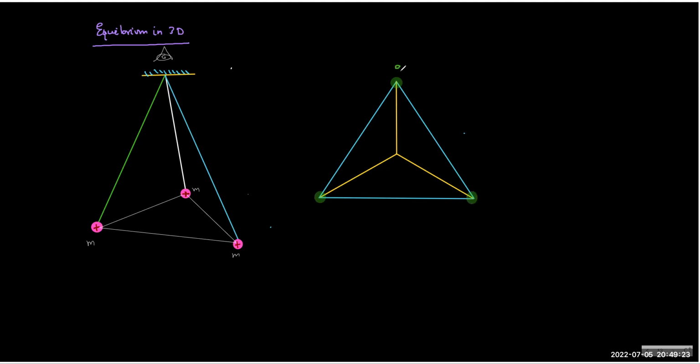Now these are 3 charged particles Q, Q, Q. And therefore the net force on any charged particle, if I think of this particle, we have derived this net force, right? F, 2F cos 30. Correct. So the answer turns out to be root 3 F, right? Yeah, 2F cos 30, which is root 3 F.